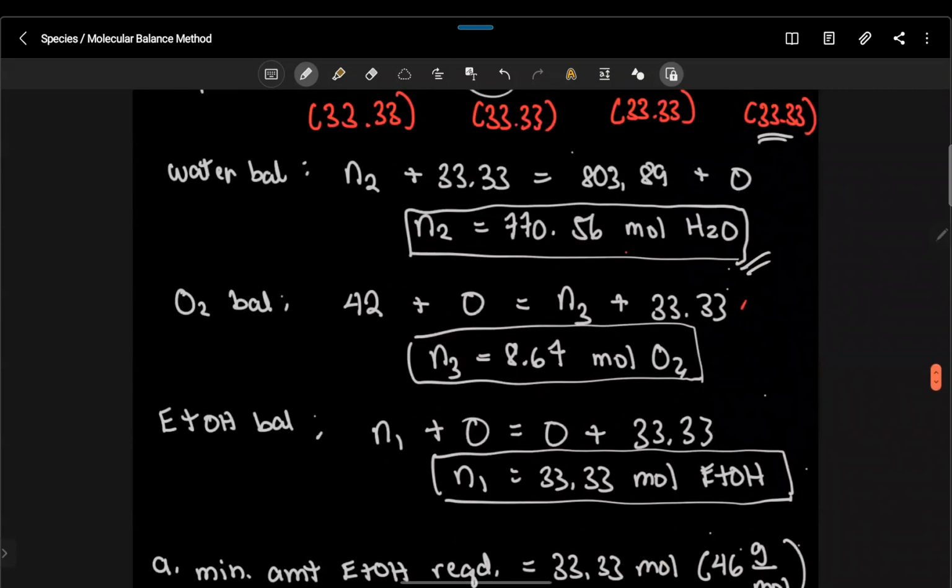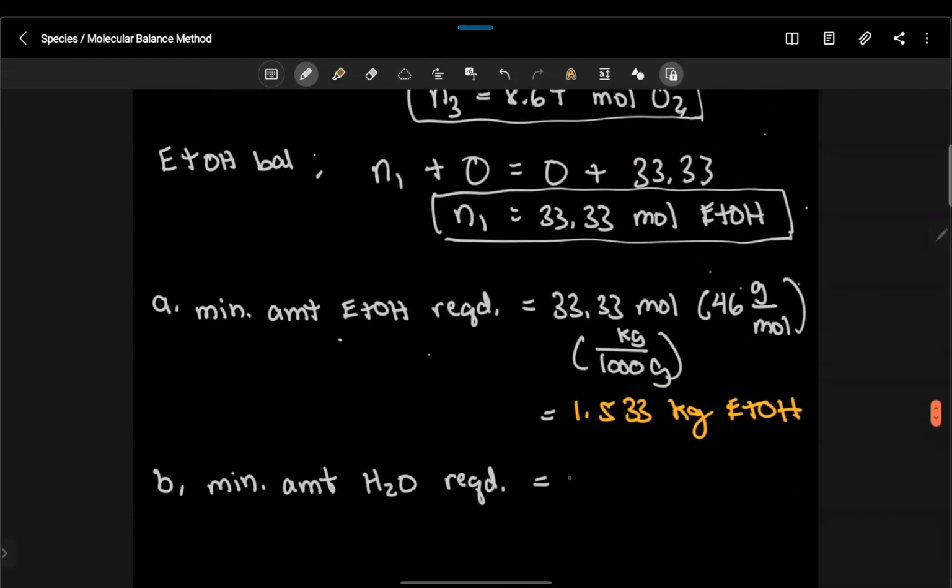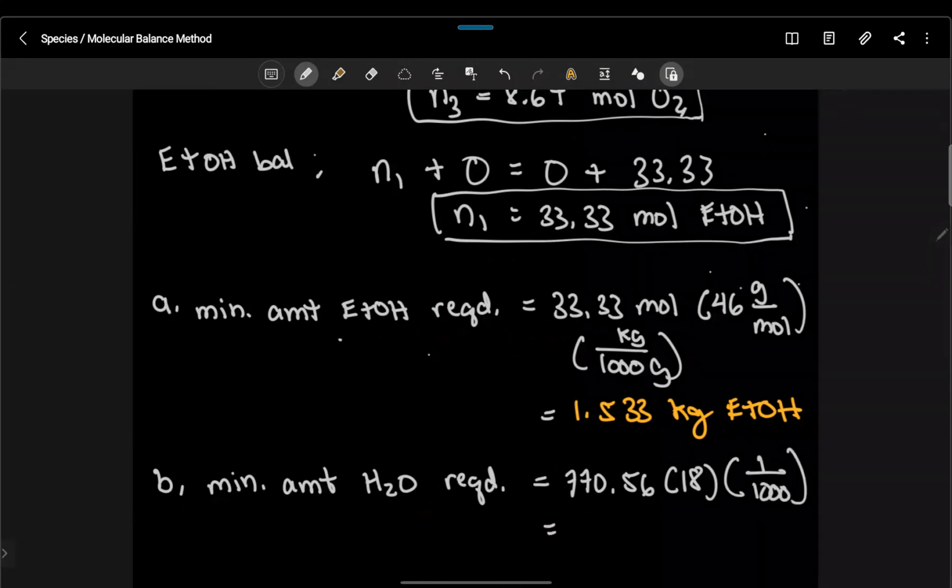Okay, 770.56. Convert natin. So, using the molecular weight, it's 18. Tapos, divide natin ng 1,000 para maging kilogram. So, sagot dito ay 13.87 kilogram water.